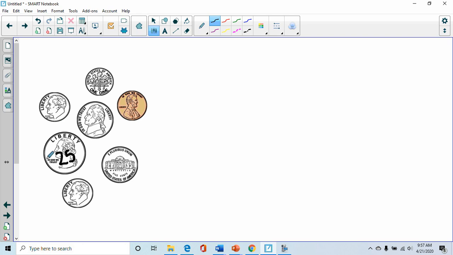I don't see any other quarters, so now I'm going to go to my tens next. Now when I'm counting from 25 and adding a 10, the only number that changes is the one that's in the tens place. So we have 25. If I add a 10, I'm at 35.